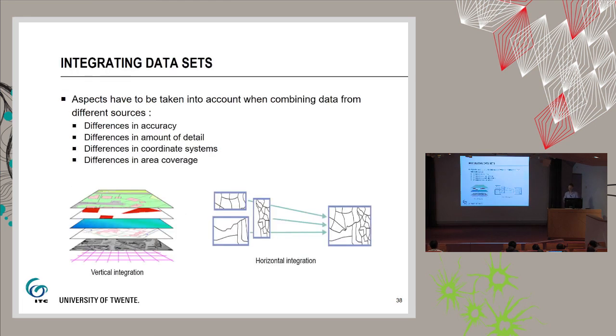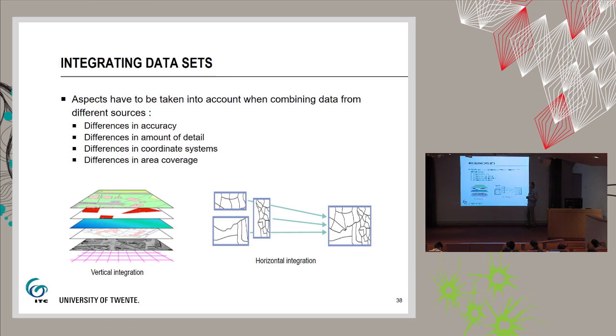So data can come from different sources and they might have differences in accuracy when you overlay them, differences in detail, differences in the coordinate system, so you might have to do some coordinate transformations first, differences in area coverage.